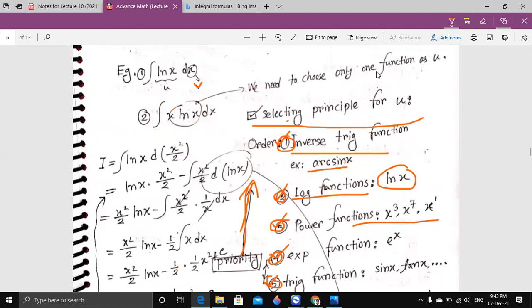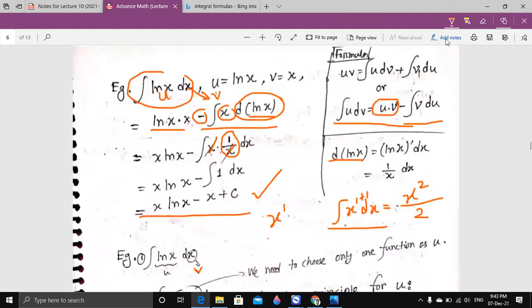So now we have to find our v, okay? And our integration by parts formula is here. Integration of u dv is equal to u multiply v minus integration of v du. So we will use this formula several times. You see the position of v. The position of v is after d, right?